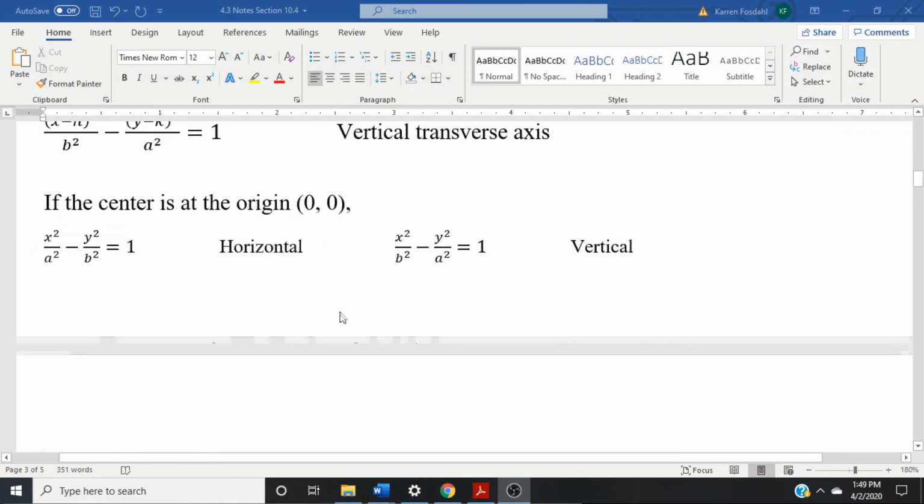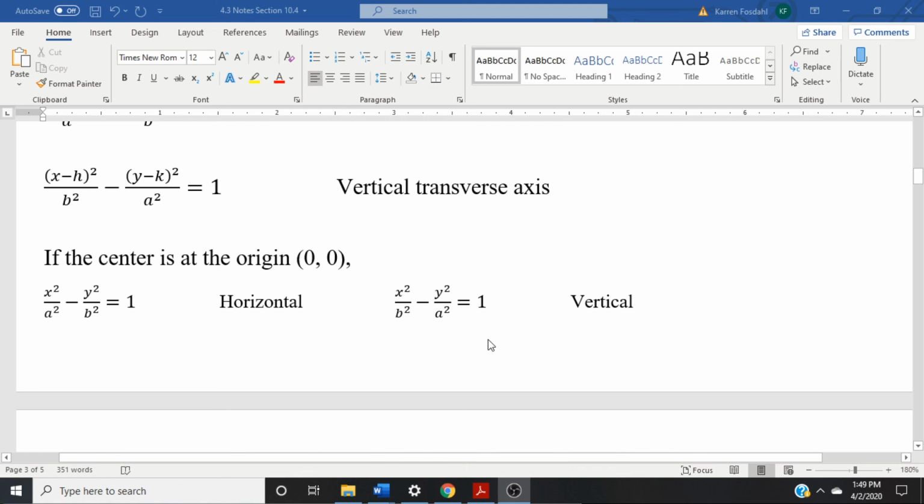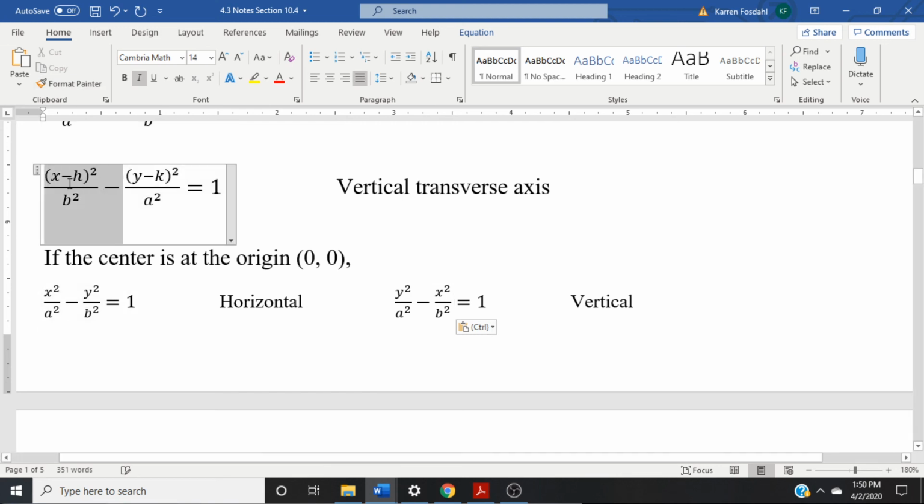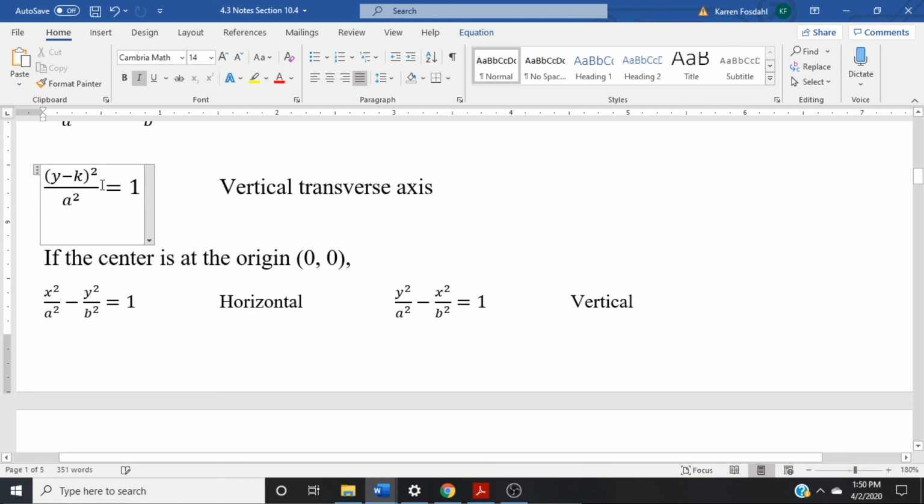My notes. Okay, this right here, the problem. The a is always going to have to be positive. So this is where my brain didn't remember that vertical is going to change this.